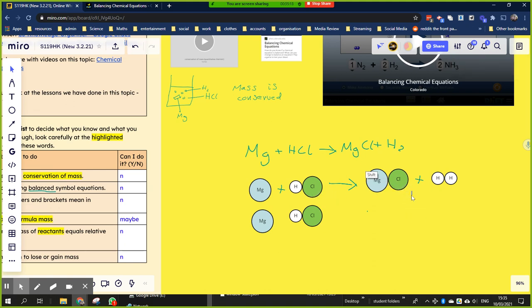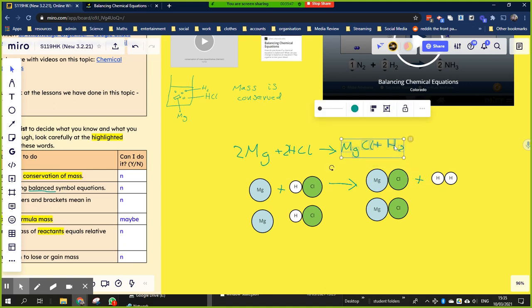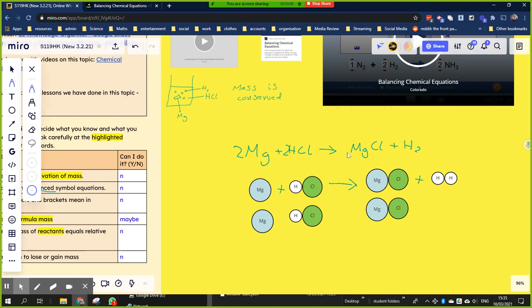Well, maybe they would make two magnesium chloride, and just one of these, and that is now balanced. The way you would demonstrate this in the written formula is to put a 2 there, a 2 there, and then we have to stretch this out because I've not given it enough space, and that plus sign is way too close. That's better. Yes, that's right.